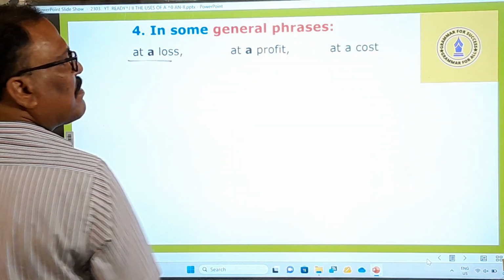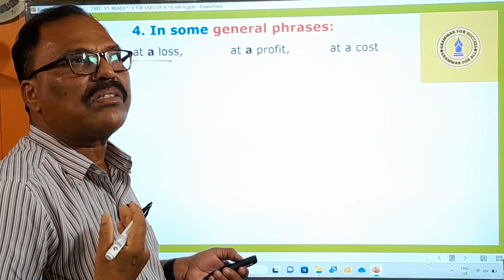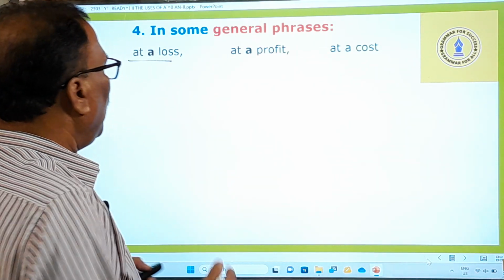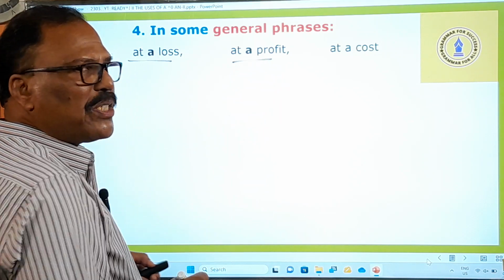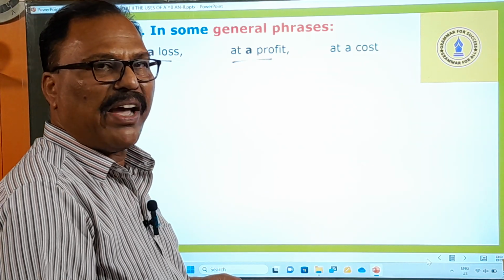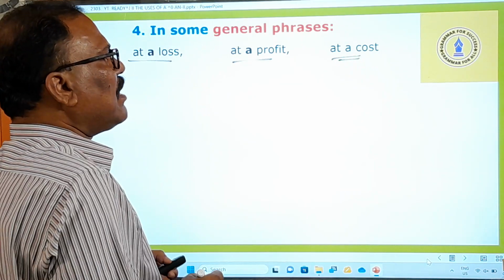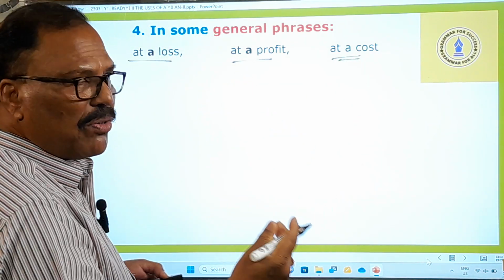At a loss, confused. I was at a loss when I entered the interview room. At a profit: I sold my scooty at a profit of 5,000 rupees. At a cost. All these things I'm giving you examples.